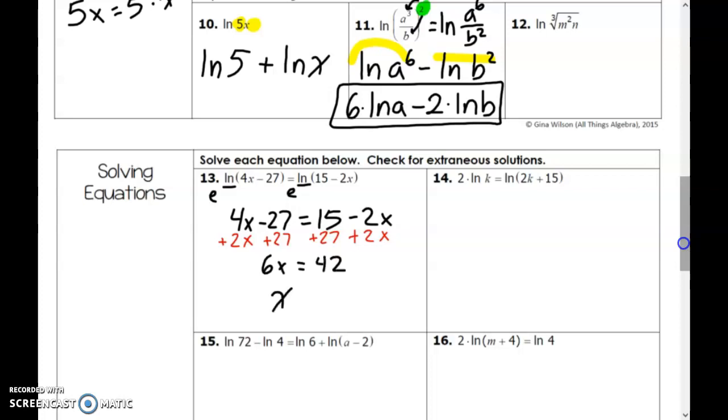Dividing both sides by 6, x is 7. Plugging that back in, checking for extraneous solutions. Let's see, if we were to plug this back in right here, we would have 15 minus 2 times 7. That equals 15 minus 14, or a positive 1. So this solution is good.